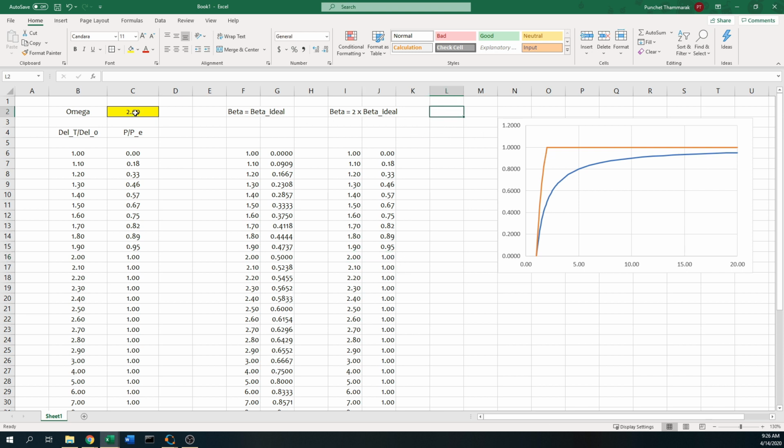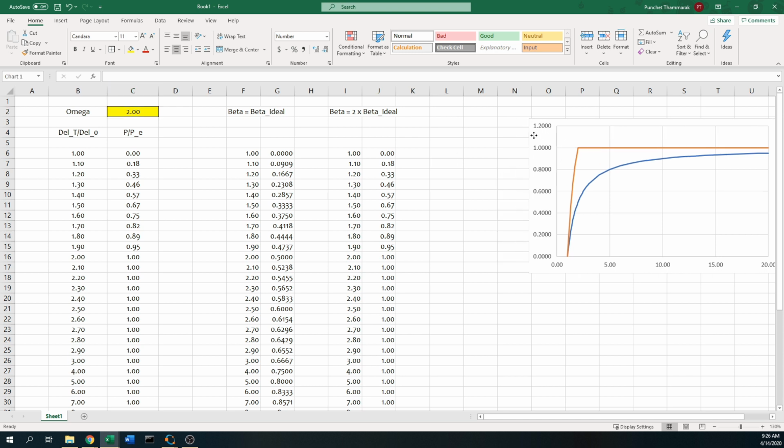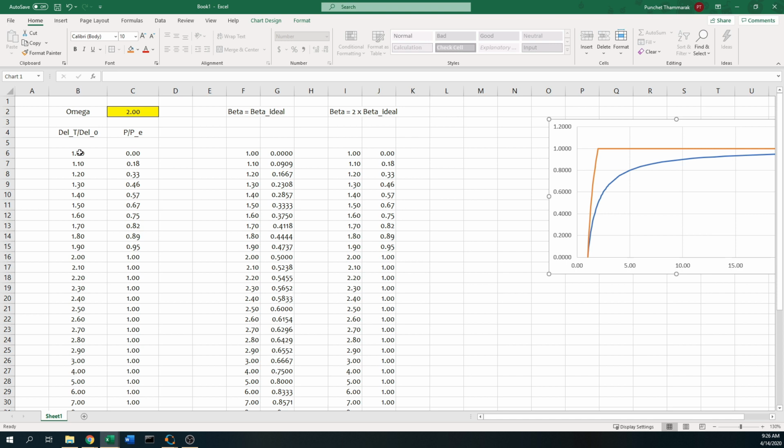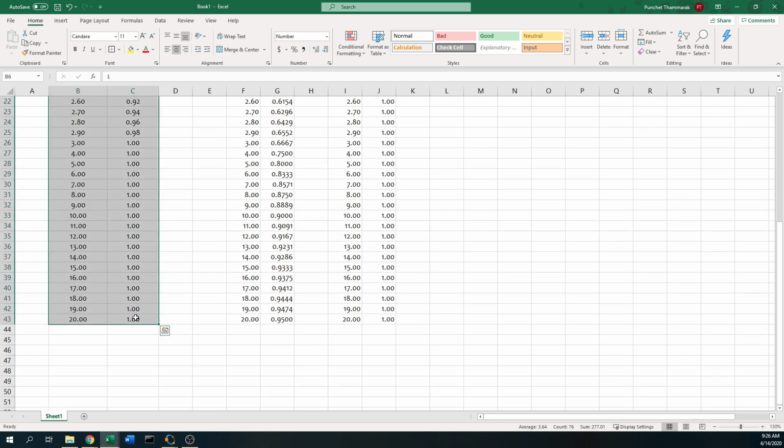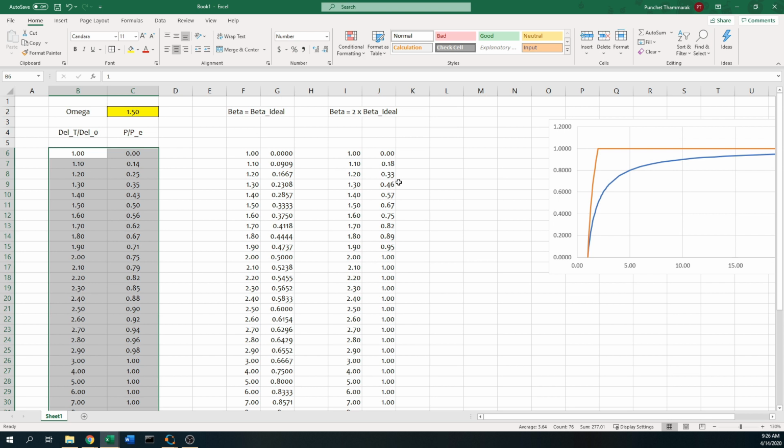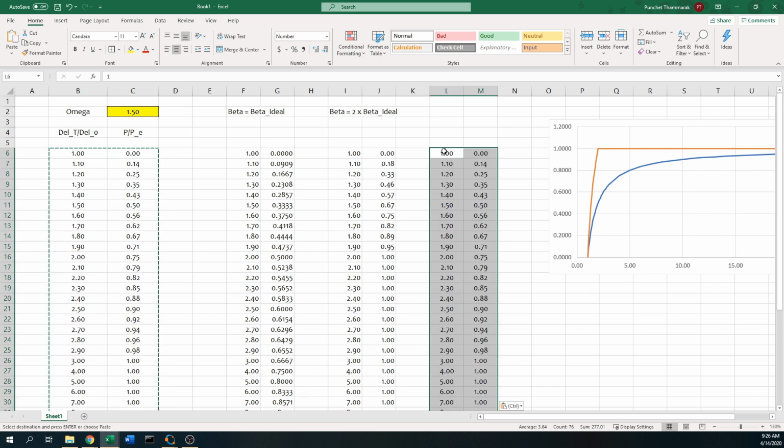So let's vary this a little bit up and down, and then we will wrap up this curve. I put the 1.5 in. And then I'm going to put the 3 in.